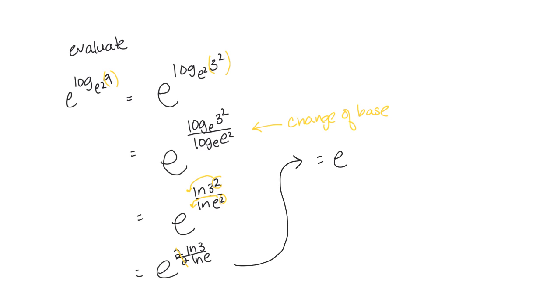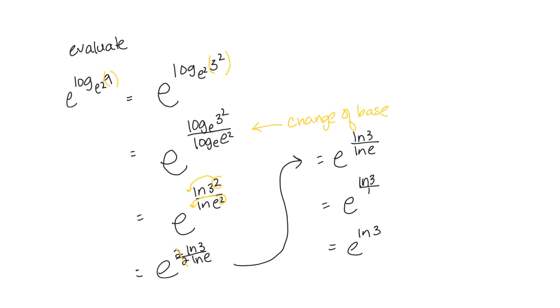We have e to the natural log of 3 divided by the natural log of e. Well, now we actually use one of the original properties to realize that this denominator, the natural log of e, is just 1. So that was one of the very first properties, kind of one of those simple ones. So this is e to the natural log of 3 over 1, which is just e to the natural log of 3.